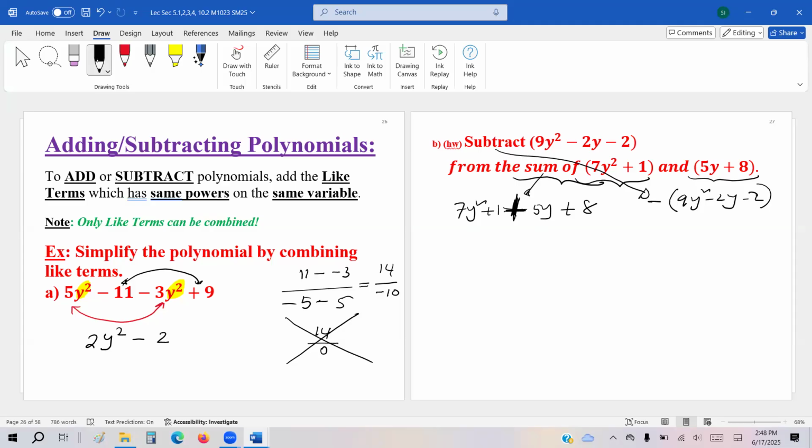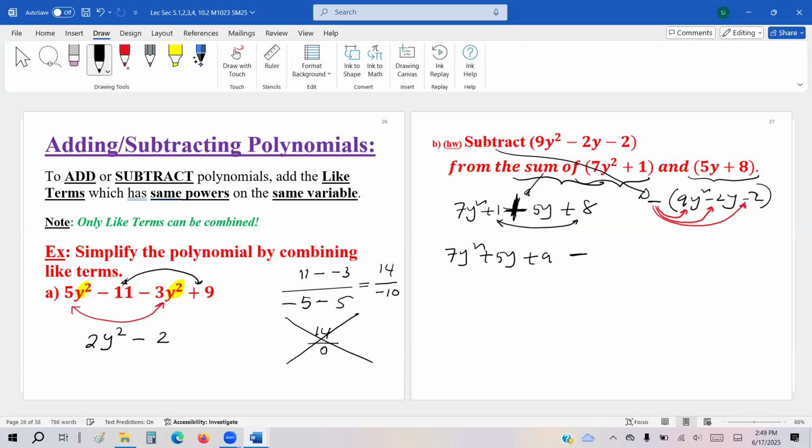Why do we have to put the parentheses? Why can't we write it without parentheses like the plus? Because we have to multiply the minus. Good job. You have to distribute the negative to everything inside whatever you're subtracting. So we have 7y squared plus 5y. These two are like terms, so we can combine these two.